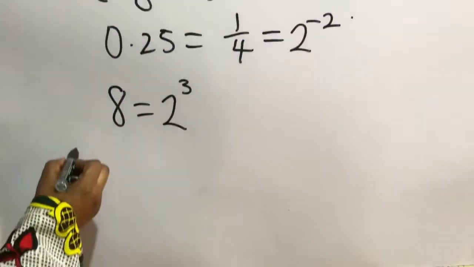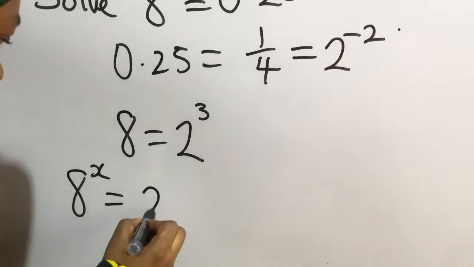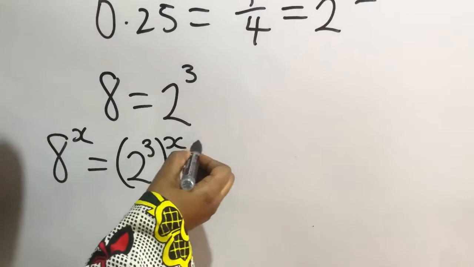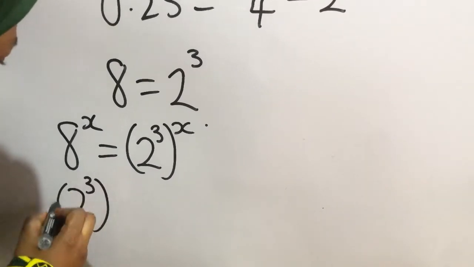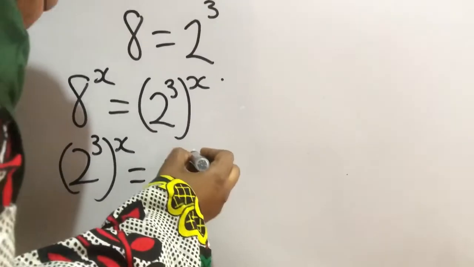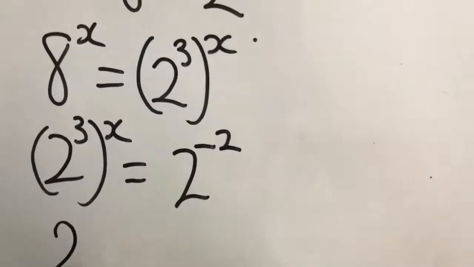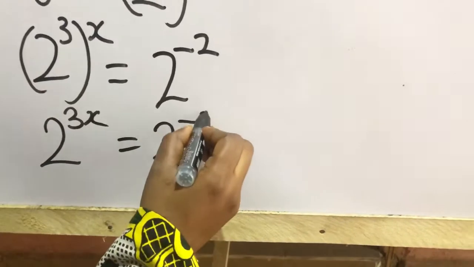So we can now say that 8 raised to power x is equal to 2 raised to power 3, then raised to power x. So 2 raised to power 3, raised to power x, will now be equal to 2 raised to power minus 2. So we have 2 raised to power 3x is equal to 2 raised to power minus 2.